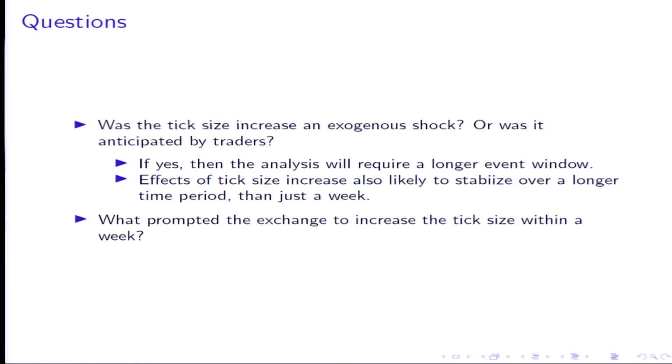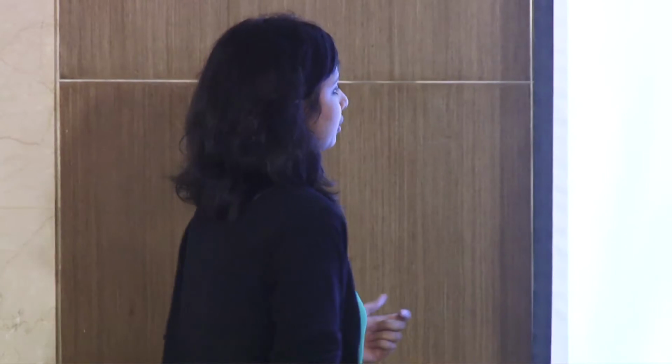Yeah, and I was thinking in my mind, the exchange first changed the tick size on 31st August or 30th August, and then right after 1 week. Why? You need the market to stabilize and then understand the impact. So I really think that this paper needs a longer event window in order to make some strong statements.